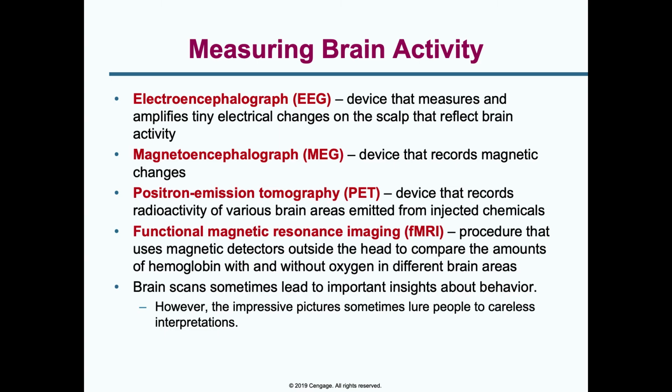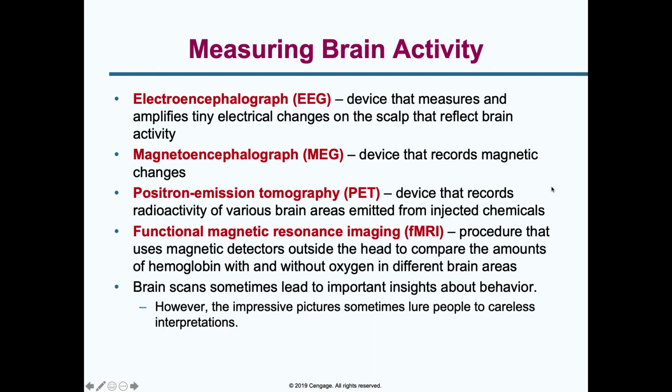The rest of this particular section of the chapter and modules of the chapter have to do with brain activity and how we often measure brain activity in the medical field. There's a lot of different, I don't want to spend too much time on this because these words are really large. Electroencephalograph. It's almost probably the shortened version, EEG, MEG, PET, and fMRI. These are probably the terms, the little shortened phrases that you've heard.